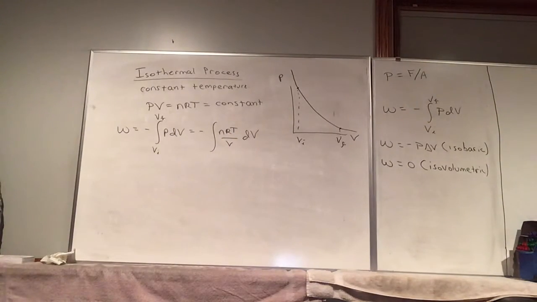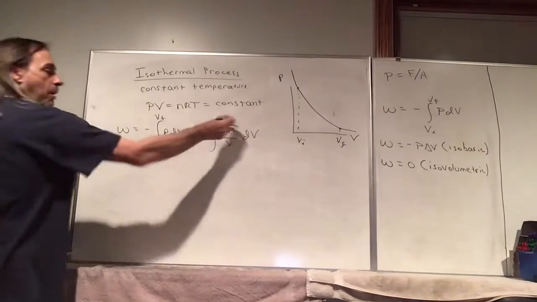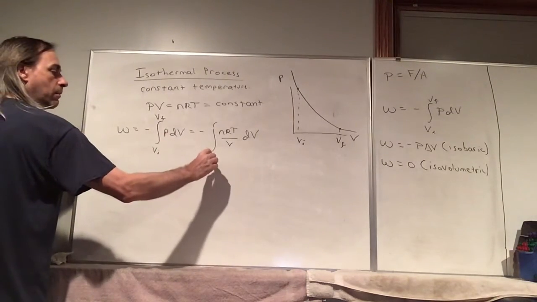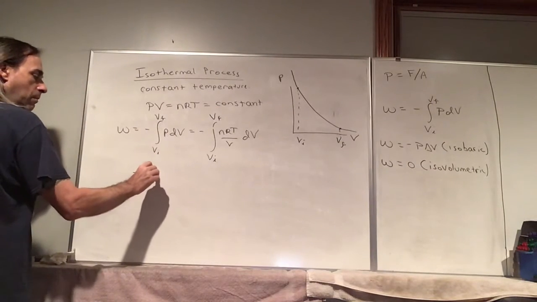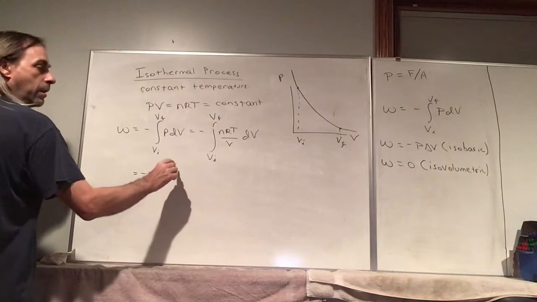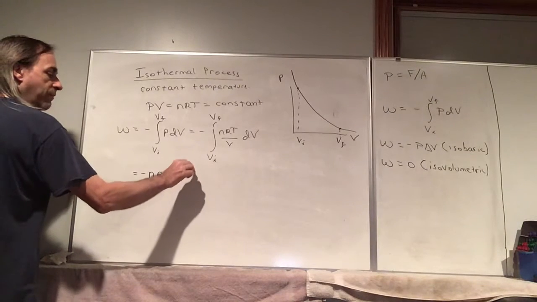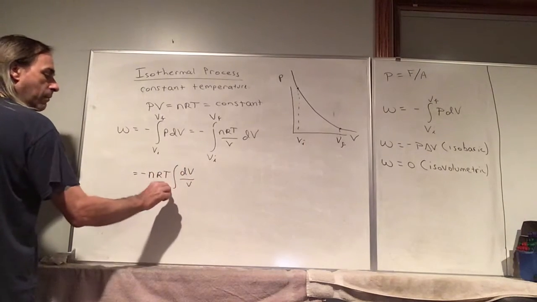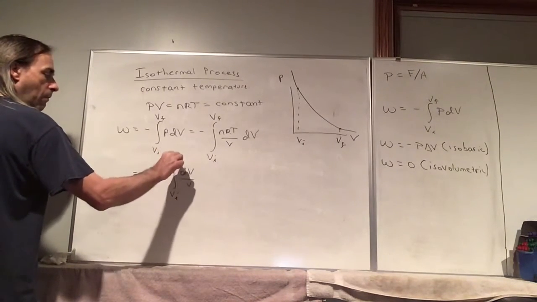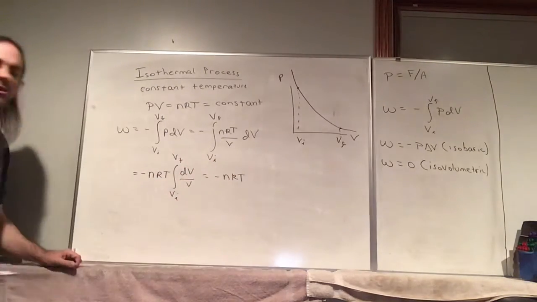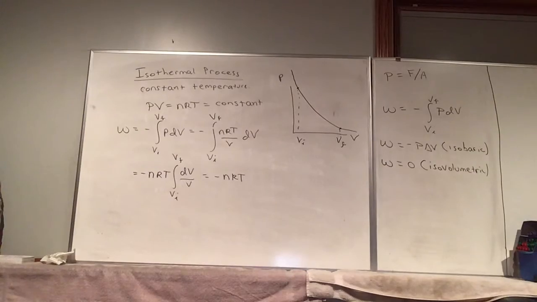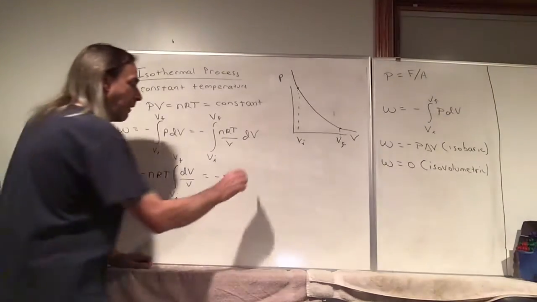Of course, we have a fixed amount of gas. Temperature is constant. In this case, all this is constant. We can take that out of the integral. And so we have this integral of dV over V. And just like the integral of 1 over x dx is a natural logarithm.